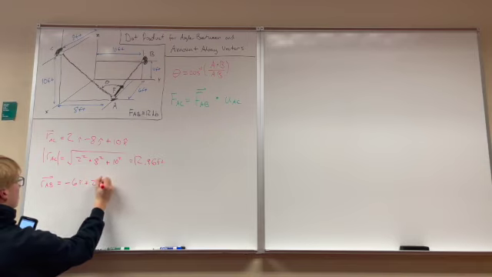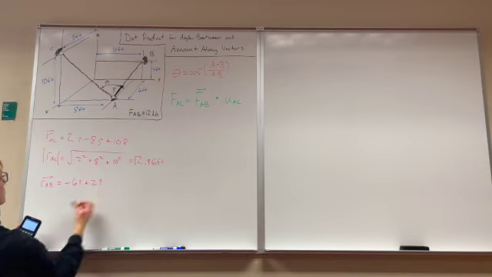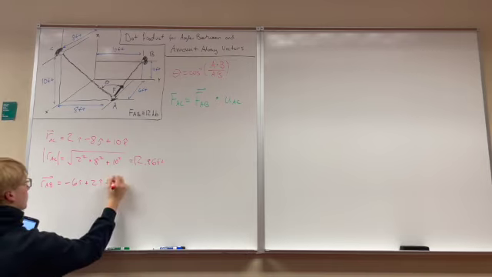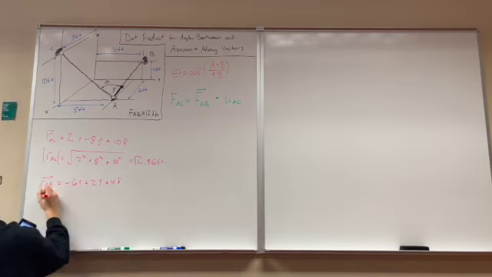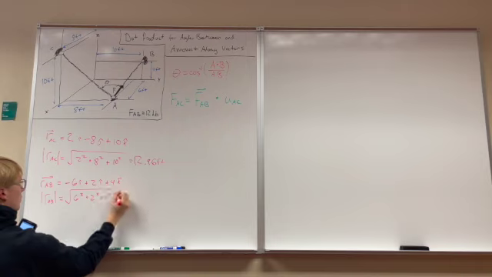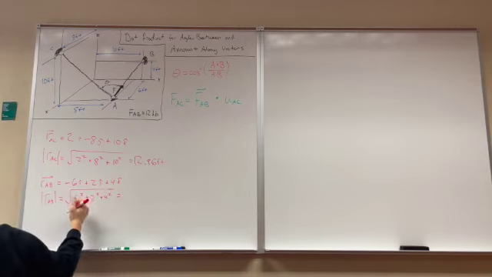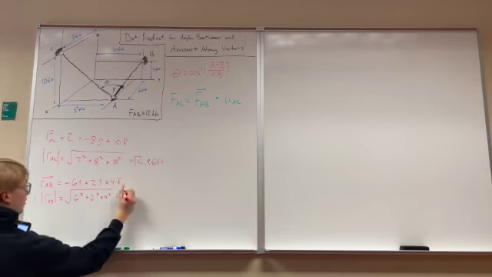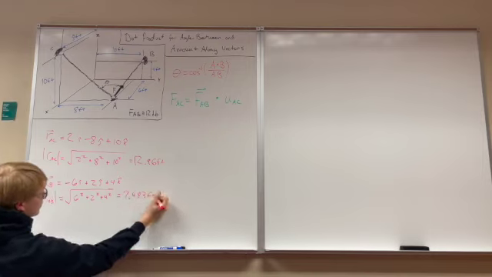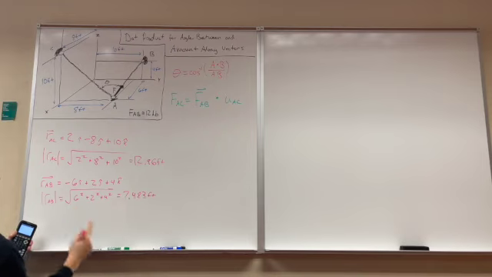So 2 j hat. And in the Z direction, you're going to go from 0 to 4, k hat. So the magnitude from A to B is going to be the square root of those numbers, which is 7.483 feet. So that's the length of the rod from A to B.